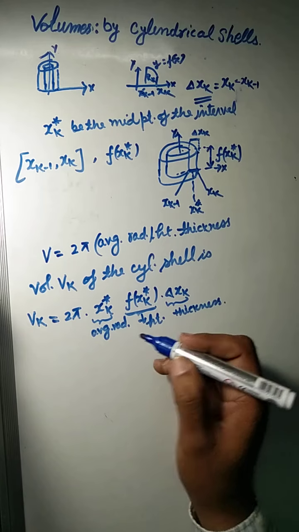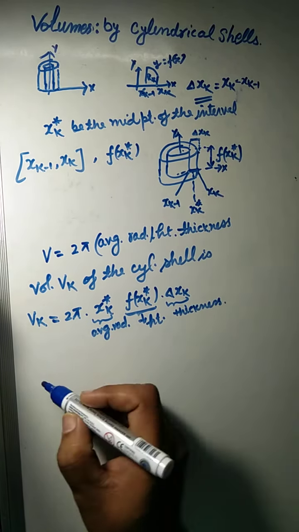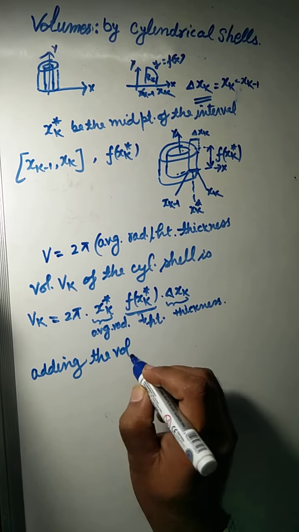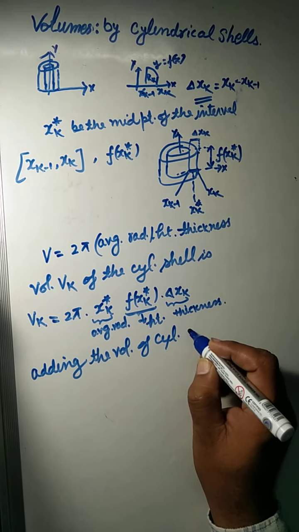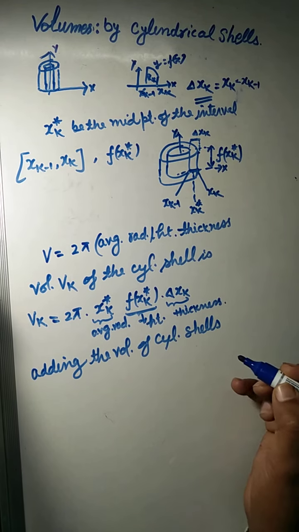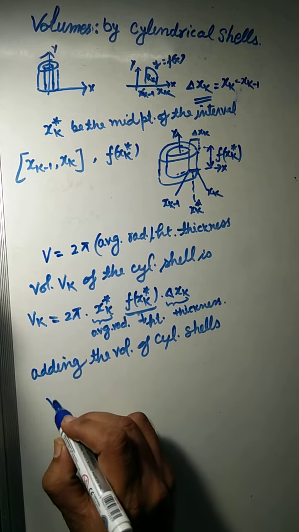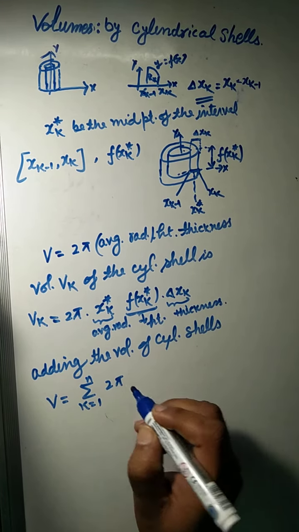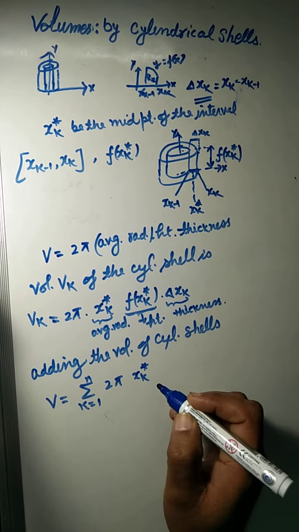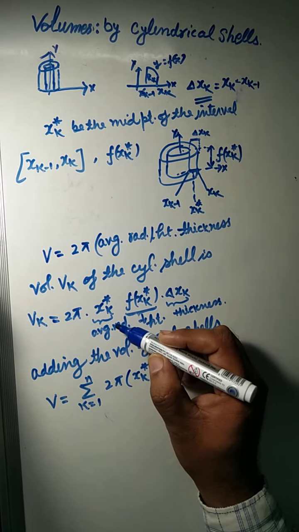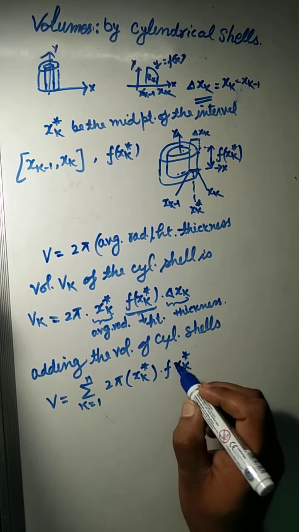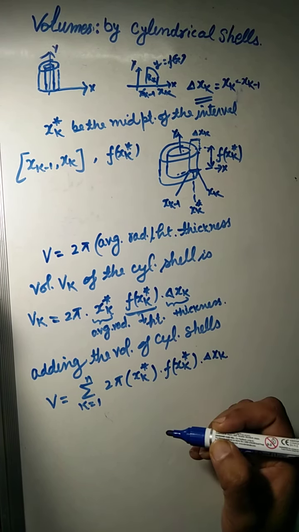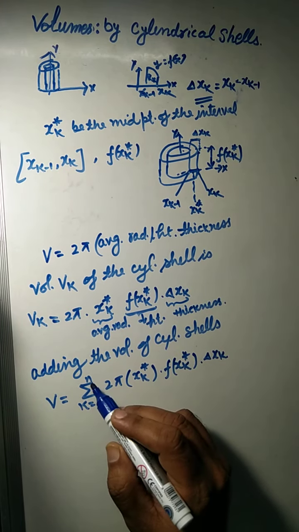Now, adding these volumes of the cylindrical cells, we obtain a Riemann sum: V equals the sum from k equals 1 to n of 2 pi x_k star, as we have the average radius, f(x_k star) as we have the height, delta x_k we have the thickness.